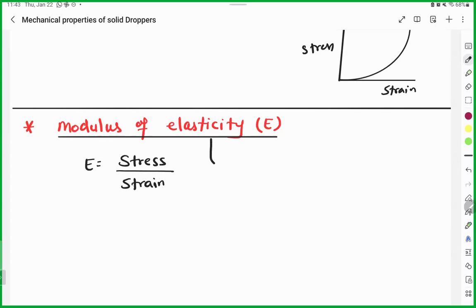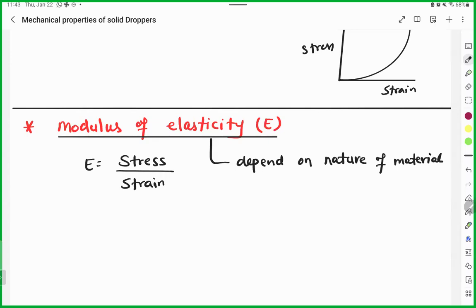If you see this E, it depends upon the nature of material, because when you are applying a deforming force, it will be responsible for change in length, and then the restoring force will act. And it depends upon the nature of material.